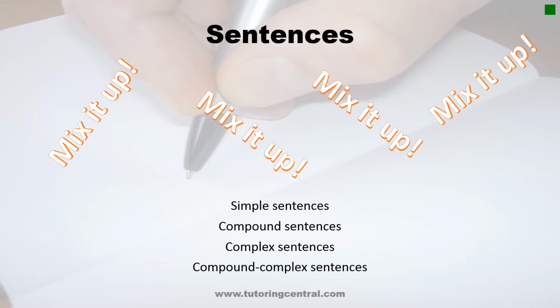But normally it's a good idea to have at least a few of each kind, especially in your longer articles. A shorter one may have only a couple of different kinds of sentences, but in essays, book reports, speeches, presentations, these kinds of things, it's good to have different sentences.